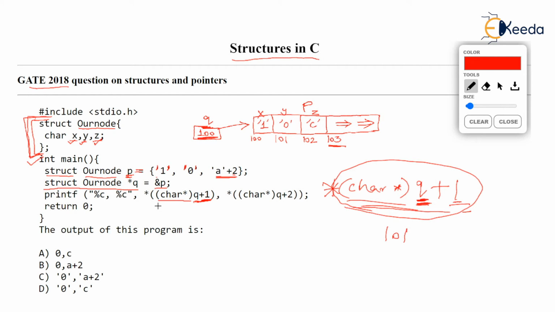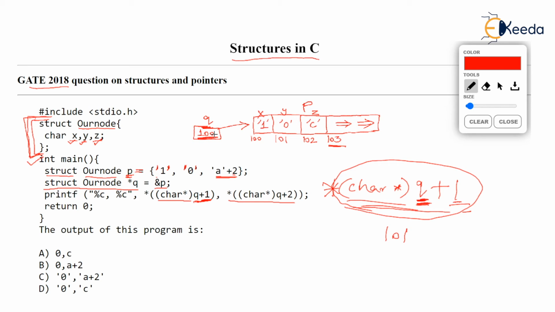Now the second one, you observe, what is this again? This portion on which I am hovering the mouse, this is q acting as a char pointer, and we add 2 to it. Now, if q is 100 and we add 2 to it, q being a char pointer and not a struct pointer, adding 2 to a char pointer will only increase it by 2 bytes.